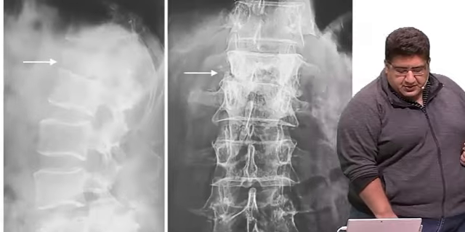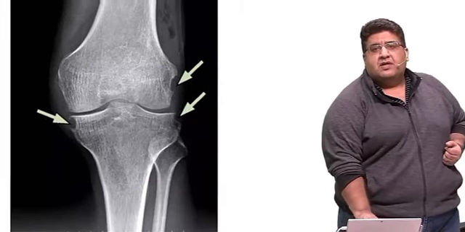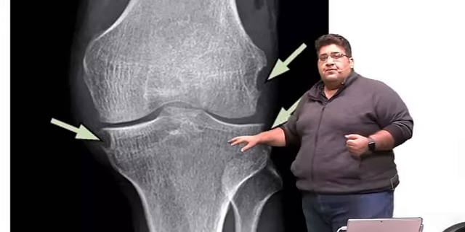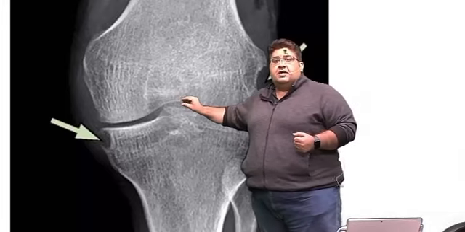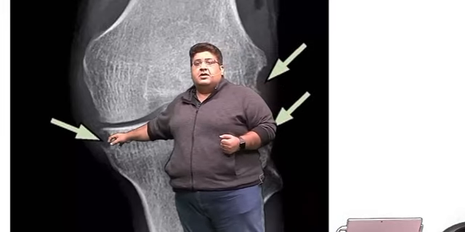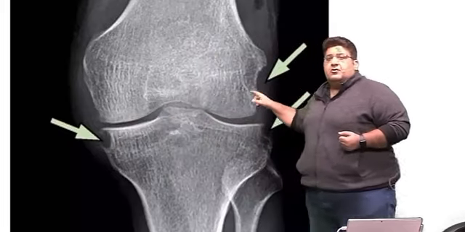One more first that I want to discuss with all of you is this. I want you to see a few things here. One, I want you to see reduction of the joint space. Two, I want you to see this, which is a periarticular erosion. I can show you one more periarticular erosion.